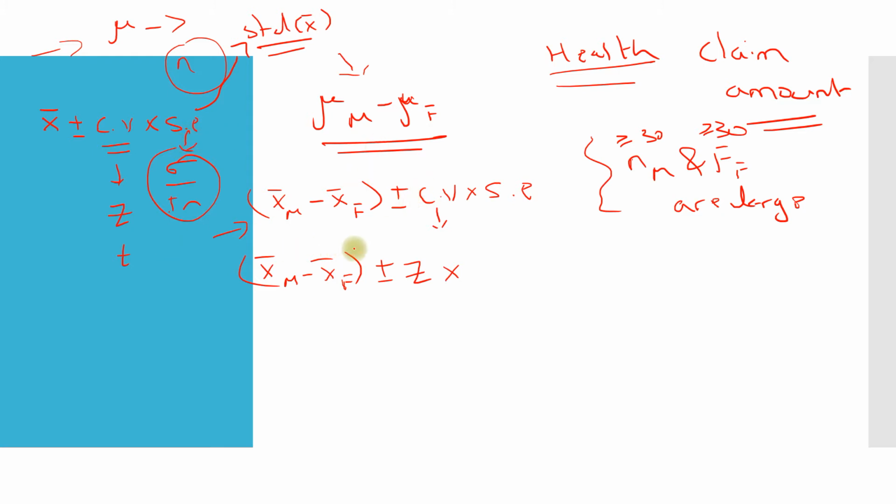But here, what's going to happen if both sample sizes are large? We need to know the standard deviation of x bar. So we will take the variance of x bar first. But here we don't have x bar. We have x bar m minus x bar f.